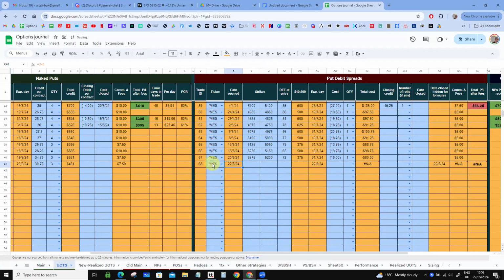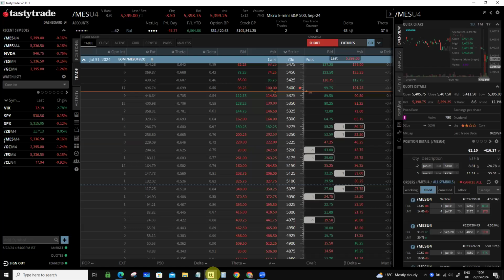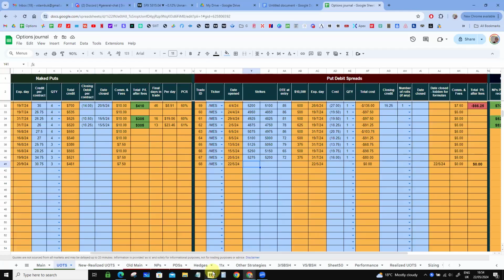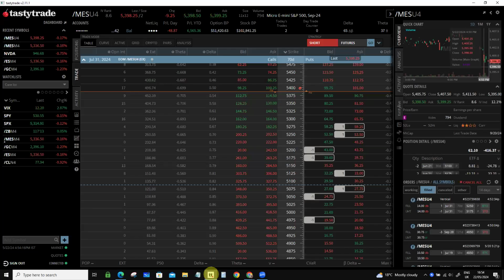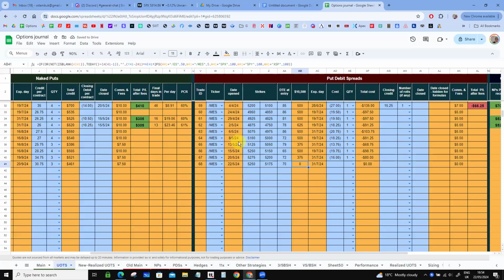It's a MES, and the strikes we did 50 to 50 to 50, and then 51.75, and that was 70 if I remember, but let's double check. 70, yeah, and we paid 14 here, and we did 1. Boom, done. Okay, so that looks good.